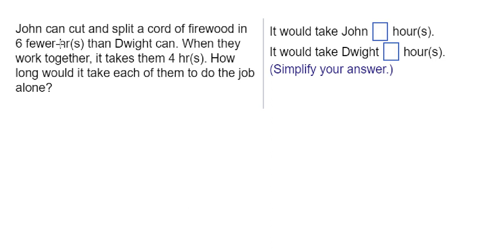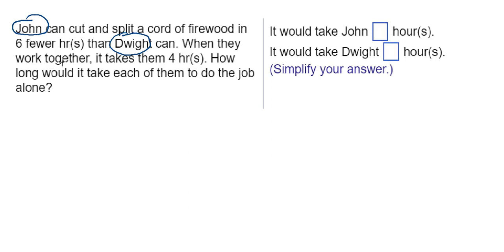All right, so even though the formula itself is fairly simple, W equals RT, it's going to apply to actually 3 different things in this problem. John, Dwight, and, well, let's just say it just applies to 2 things. I was going to say, and them working together, but we're going to kind of deal with that. It's going to be the thing we deal with directly, but it'll get split into how much work John is doing, how much work Dwight is doing.